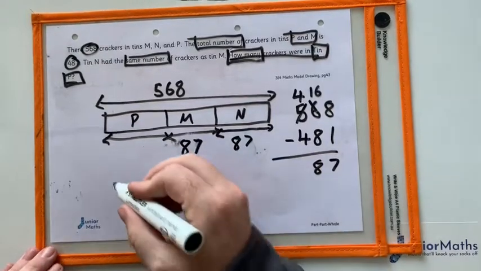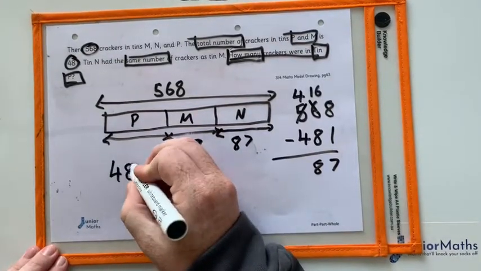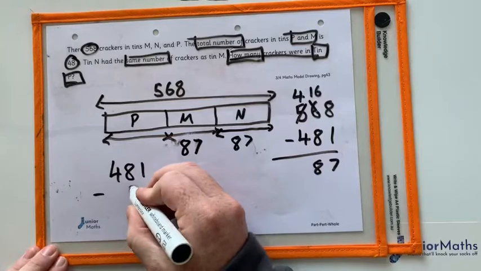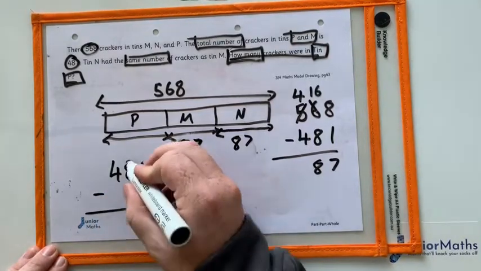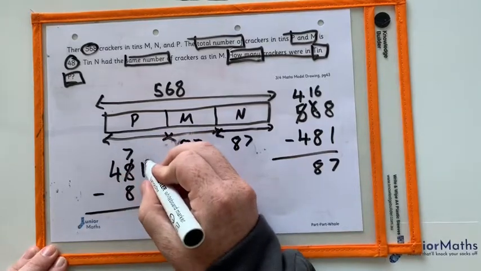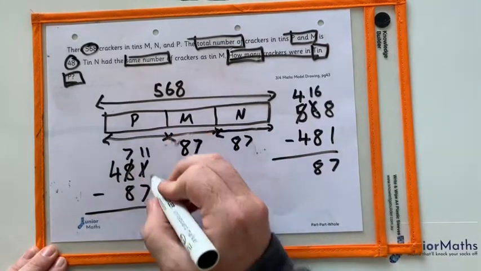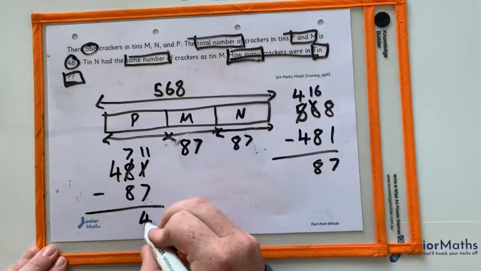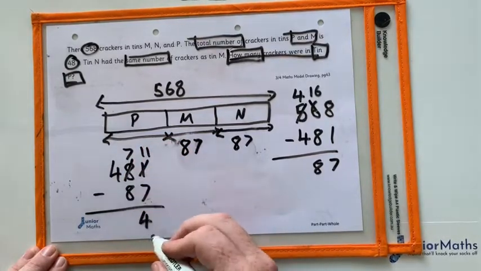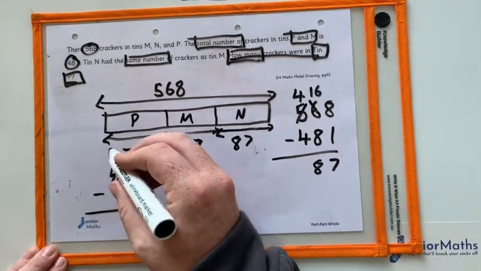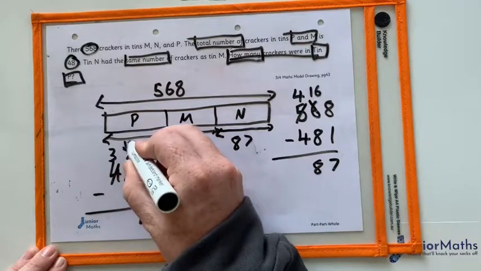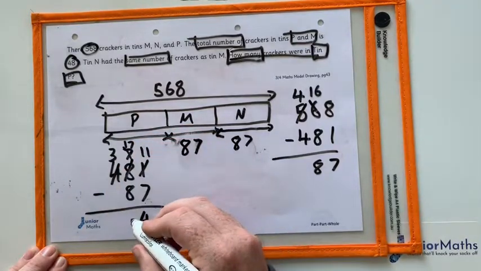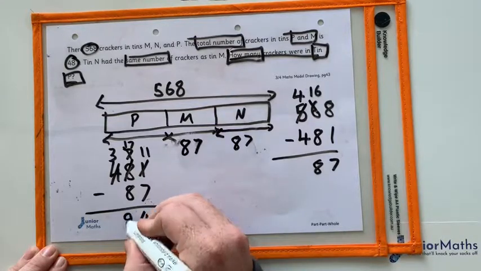Okay, so 481 take away 87. 1 take away 7, more on the floor, go next door, get 10 more. 11 take away 7 is 4. 7 tens take away 8 tens, more on the floor, go next door, get 100 more. 17 tens take away 8 tens is 9 tens.